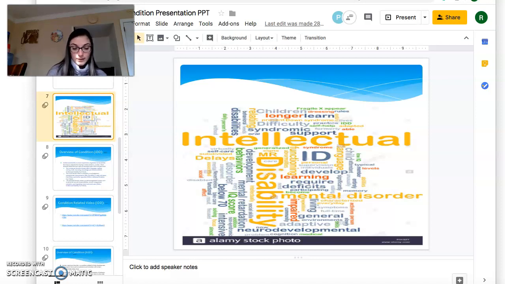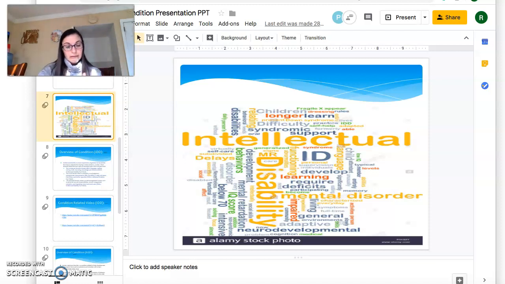So those can be your social cues and things like that. There's 3 criteria that must be met, which is the intellectual functioning, such as reasoning, problem solving, planning, thinking, judging, academic learning, and then learning from experience.